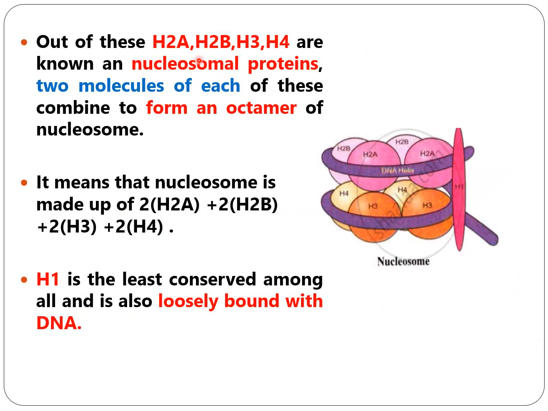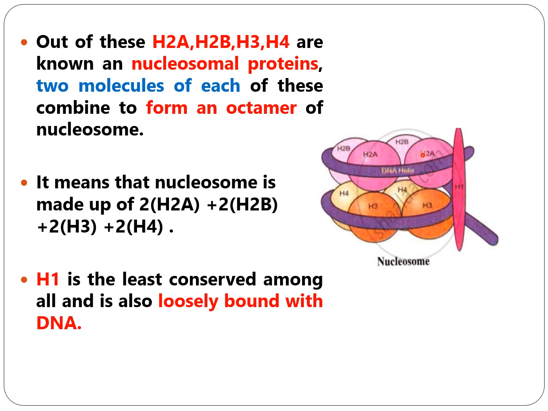Out of all of these, the H2A, H2B, H3 and H4 are the nucleosomal proteins or the core proteins. And these are 2 molecules of each and they form an octamer of nucleosome.